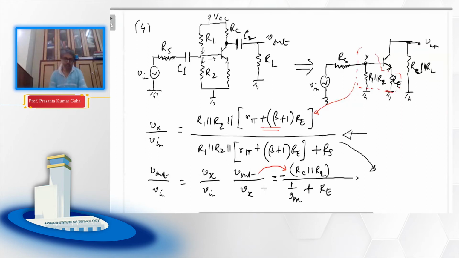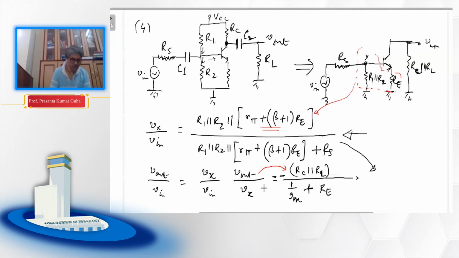These two together are basically the gain of your circuit, and of course the gain will change a bit because of the presence of Rs.